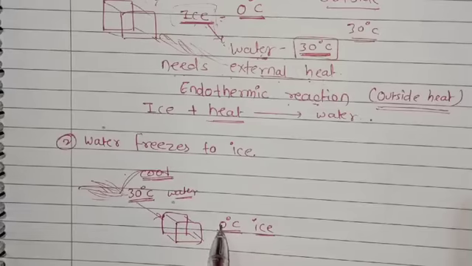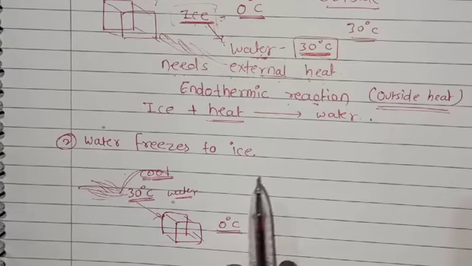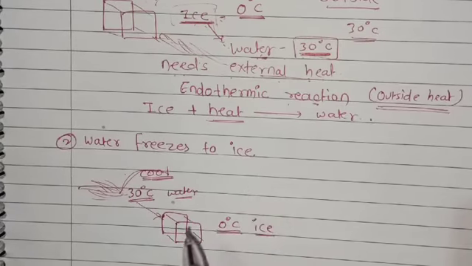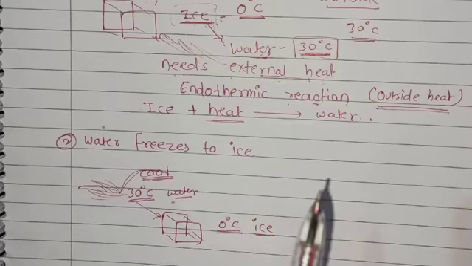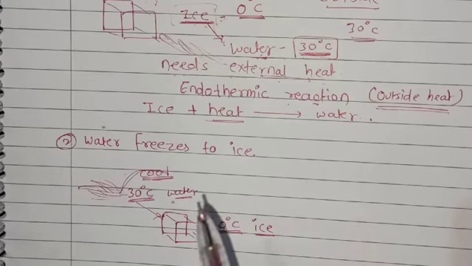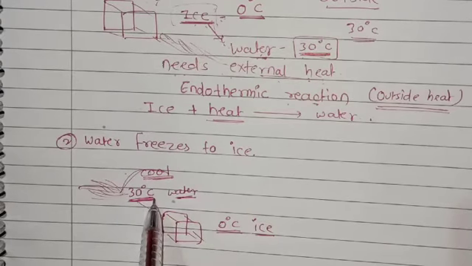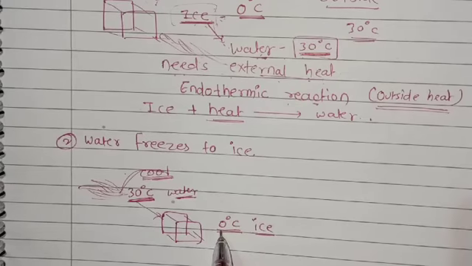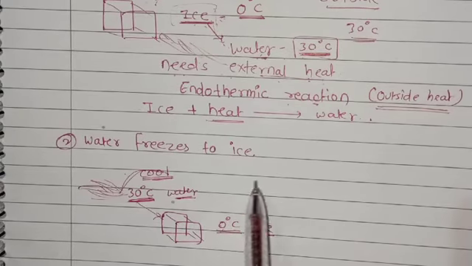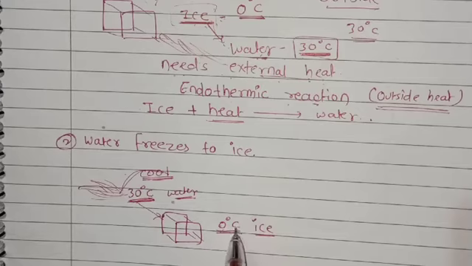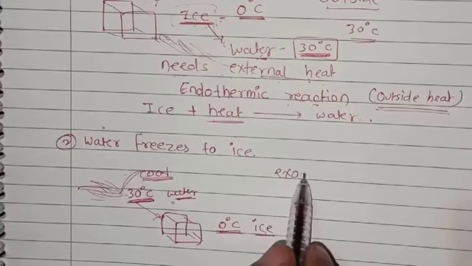In this process the heat is evolved, get lost or goes outside. Means water is giving that heat. So in reactions in which lots of heat is given out, that reaction is known as an exothermic reaction.